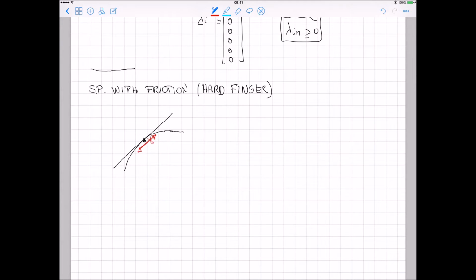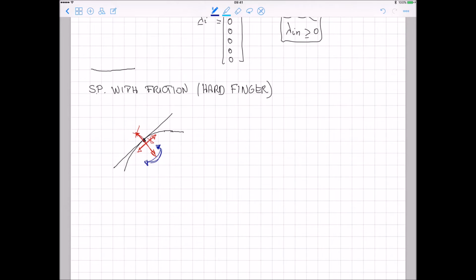We have, as in the previous case, the translation in the normal direction forbidden. What we can do in this case is just rotate with respect to the contact.